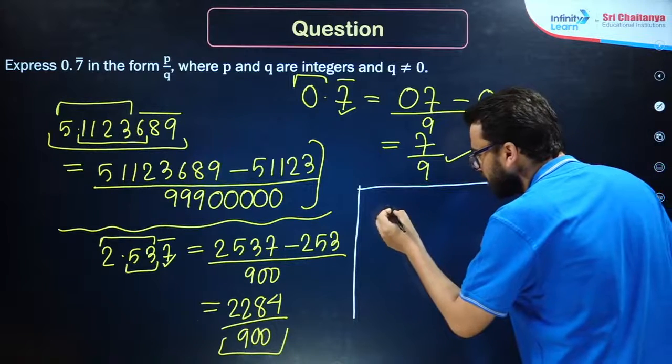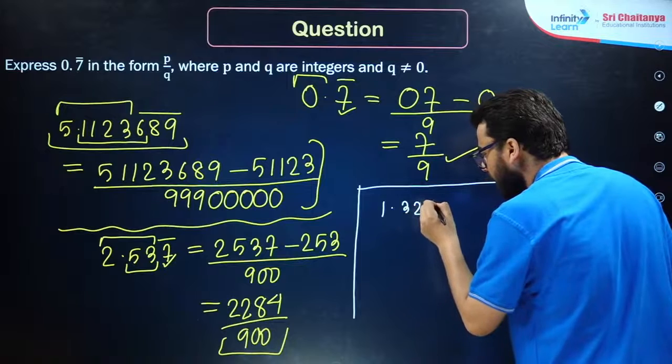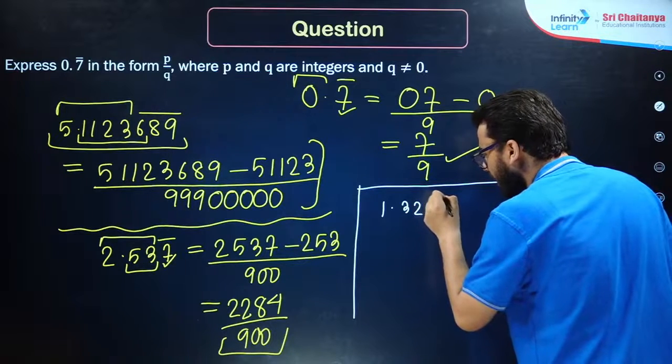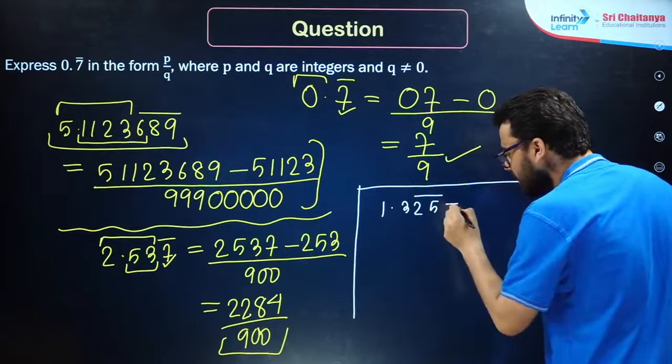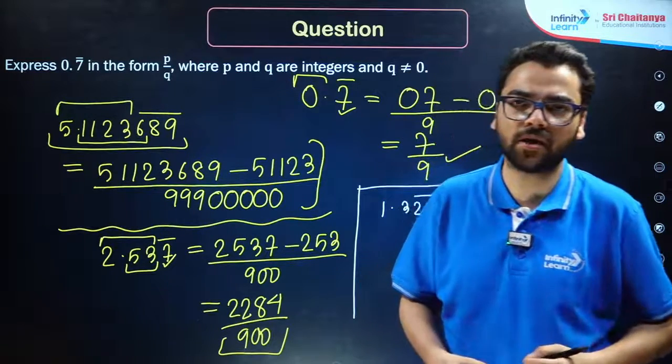For example, you have got this, and I put a bar over here. Now, what is the P by Q form of it?